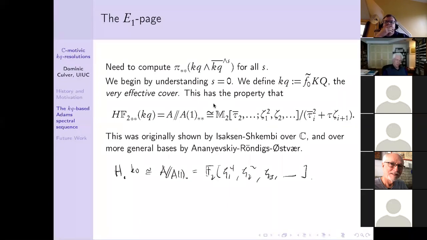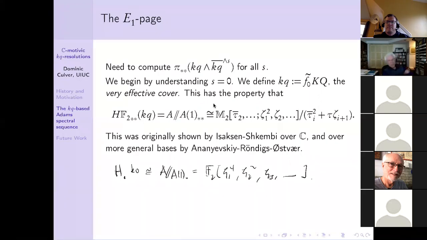Okay, so if you use that correspondence I mentioned earlier, you'll see that this group really does coincide with that group under Betti realization. Okay, so this equality here was first, I guess, over C, first shown by Isaksen and Shkembi, but this is actually also true over more general bases, and that was proven more recently by Ananyevskiy, Röndigs, and Østvær.